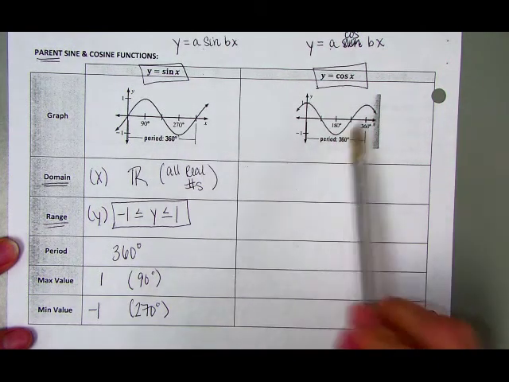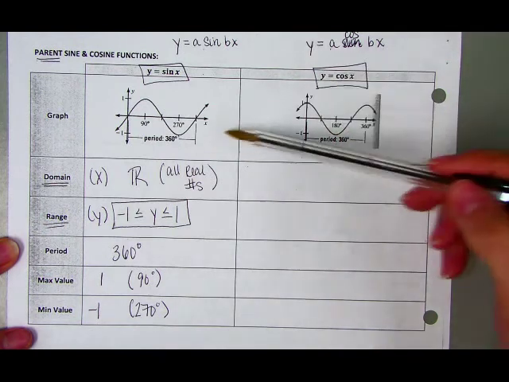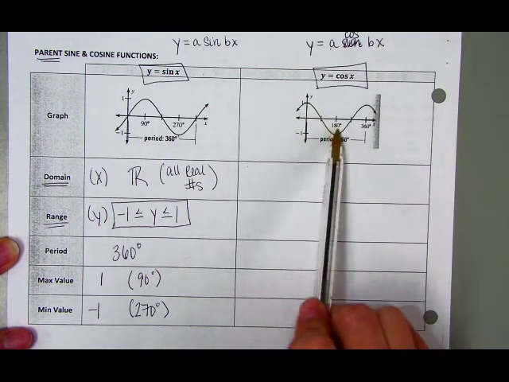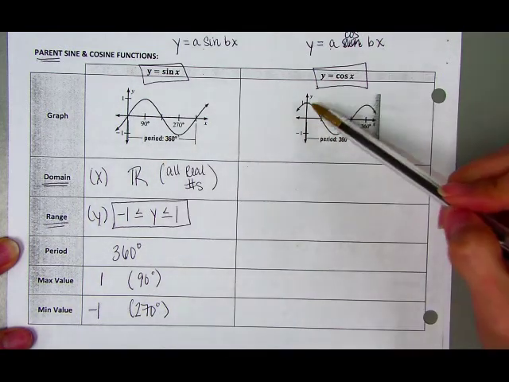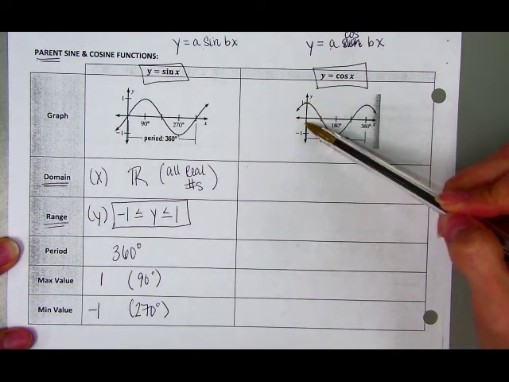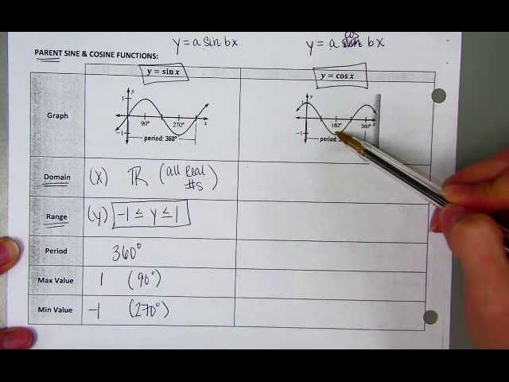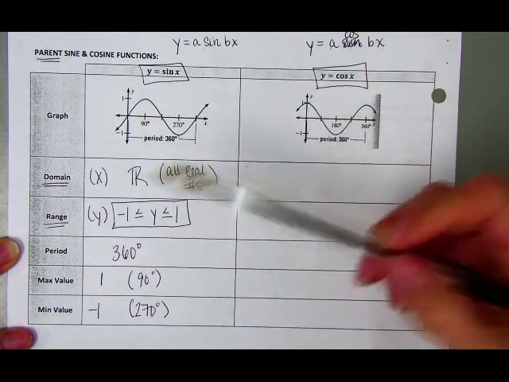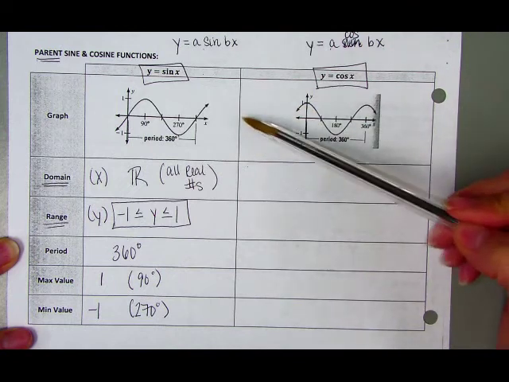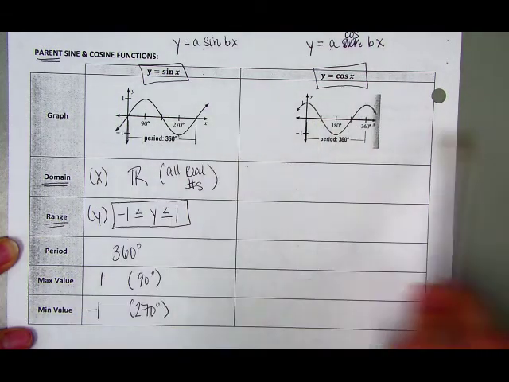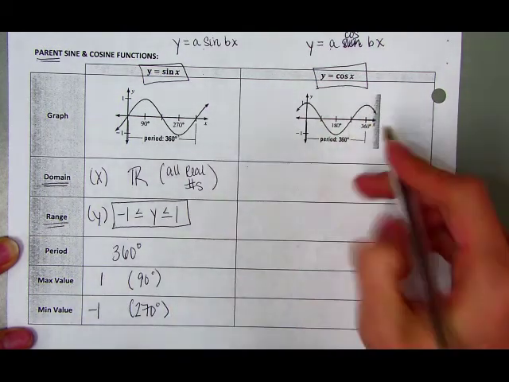If we switch over to cosine really quick, some similarities are going to pop up in this table. Again, this graph looks a little bit different than our sine. We're starting at 0 degrees and 1, so we actually have two maximums here and one minimum. Since our graph continues negatively infinitely and positively infinitely, we know that our domain spans all x degree values.